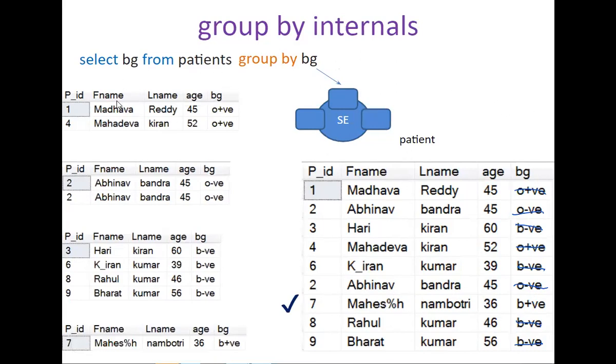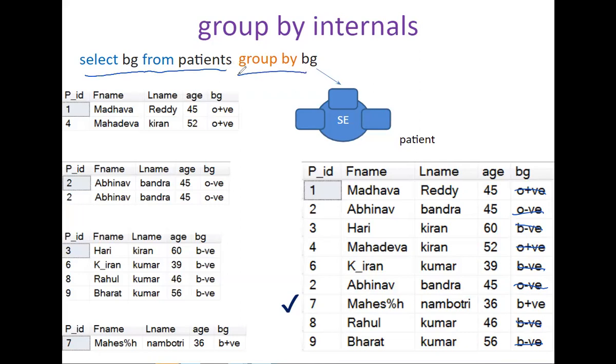Okay. So based on the blood group column values, our patient records are grouped. Right? 4 different blood groups are there. So 4 different intermediate result sets are created. It is grouped. Now the select statement will work. What do we want to display? We want to display only BG column values after grouping, right?